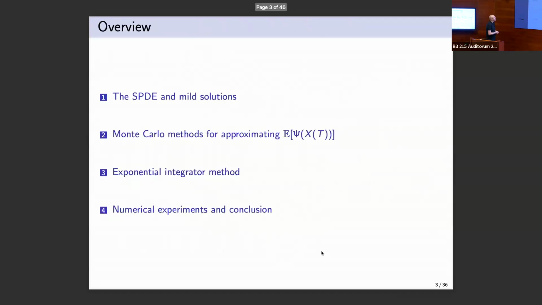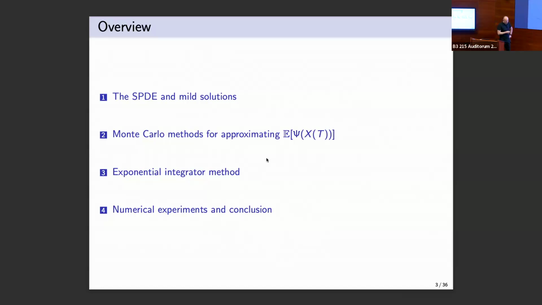Right, so maybe I should say something about how I plan to do this. First, I will talk a bit about this Hilbert space valued stochastic partial differential equation, and the kind of solution notion that we want to look at. So we will look at mild solutions of an SPDE. Then I will give you some details on different Monte Carlo methods for doing the weak approximation.